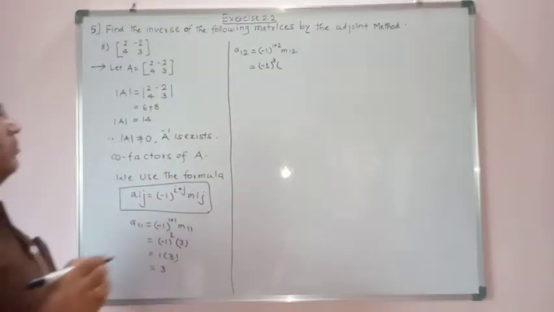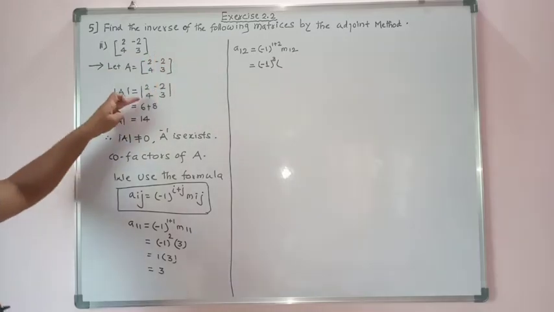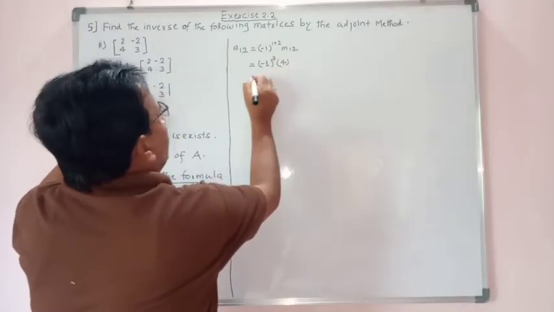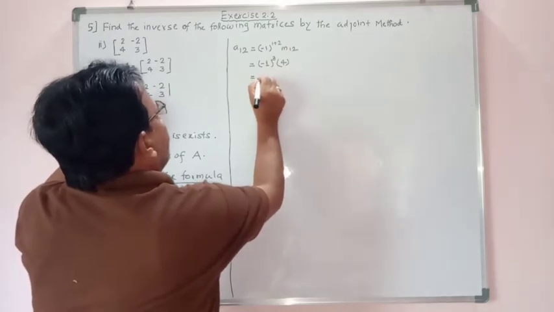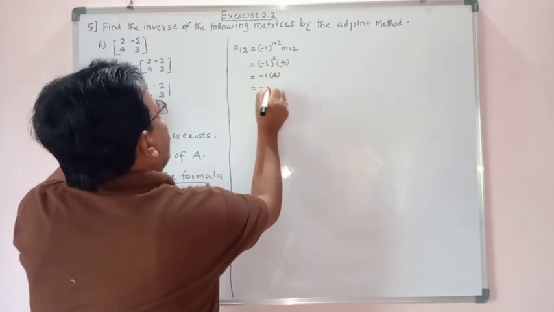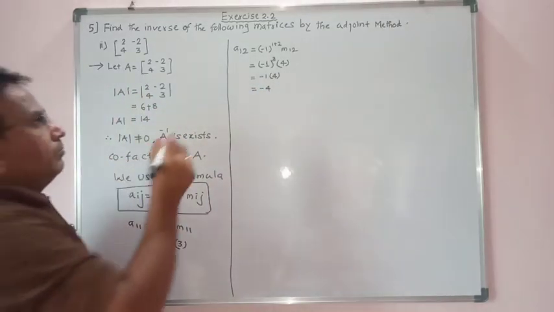What is the value of M12? Leaving the first row and second column, this minor is 4. M12 is 4, so -1 into 4 is -4. A12 is -4.